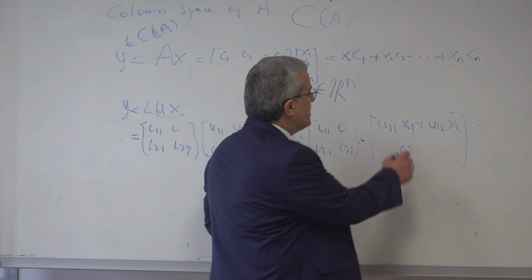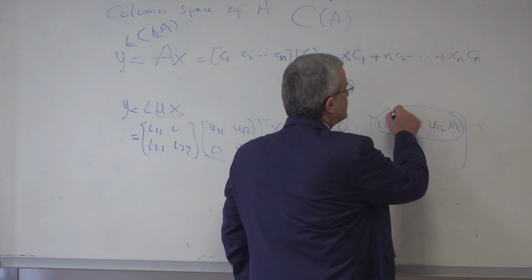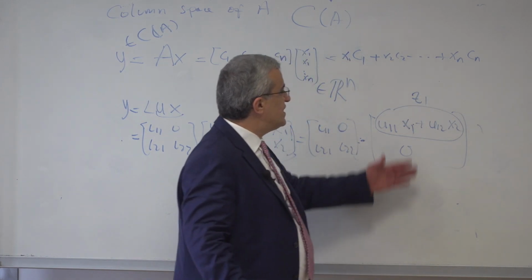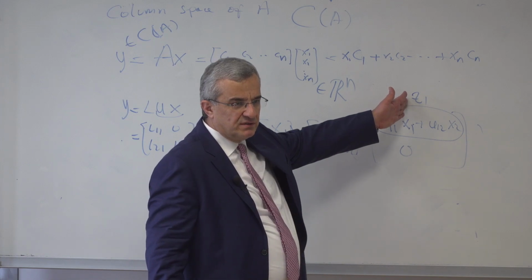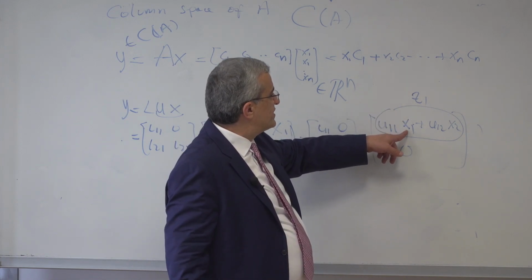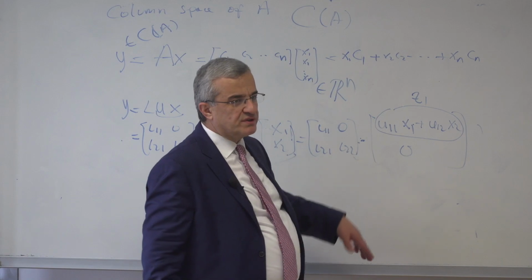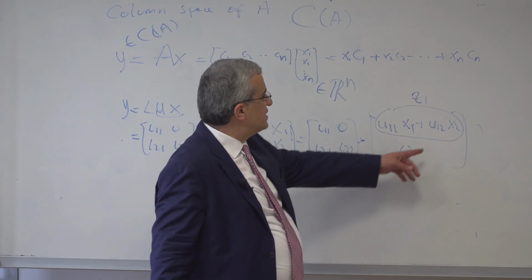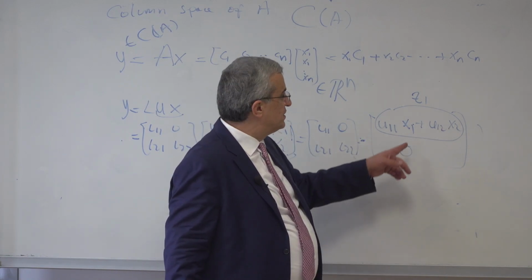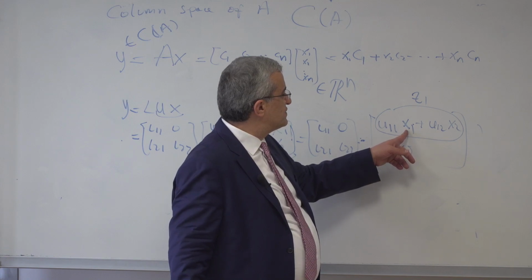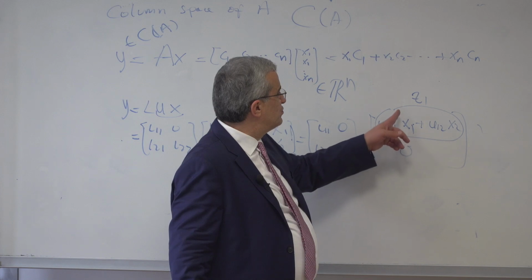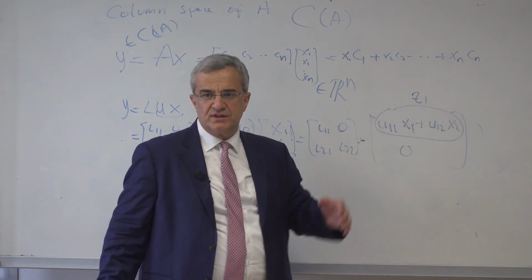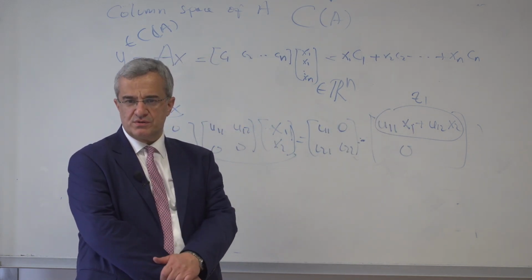I can just call this z1. Give me any z1, and I can find it from here. How do I do that? I can take x2 as 0, and x1 equal to U11 inverse z1, right? So there is a one-to-one correspondence.